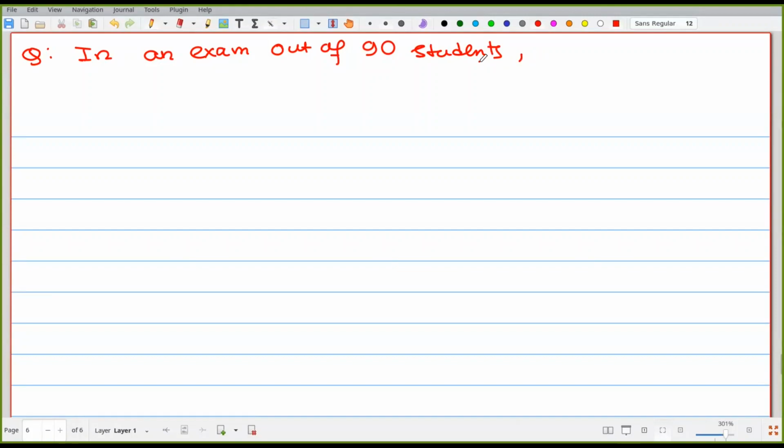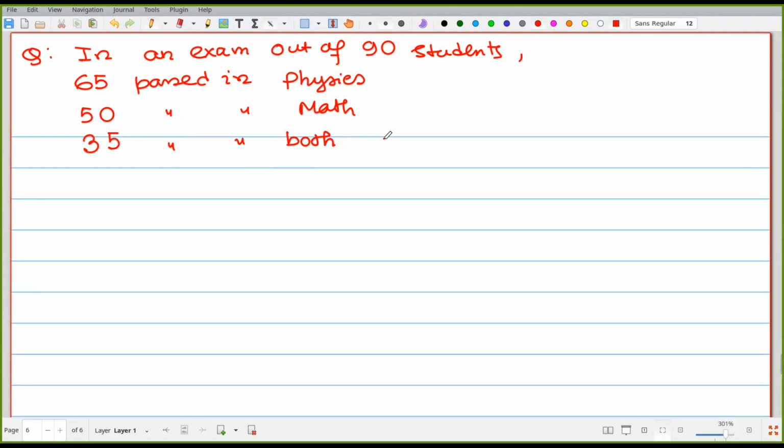Suppose the question is like that: in an exam, out of 90 students, total student strength is 90, 65 passed in physics, 50 passed in math, 35 passed in both physics and math.